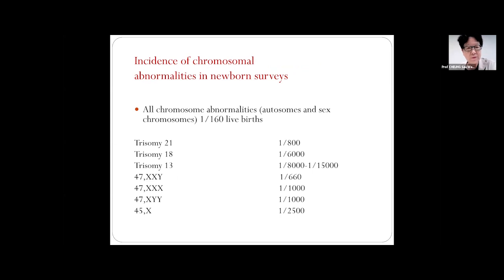And for the incidence of these chromosome abnormalities in newborn surveys, they find that for all chromosome abnormalities, the incidence is 1 in 160 live births. They studied a large population and calculated the incidence. Down syndrome is 1 in 800, trisomy 18 is 1 in 6,000, trisomy 13 is 1 in 8,000 to 1 in 15,000. 47,XXY Klinefelter syndrome is 1 in 66.